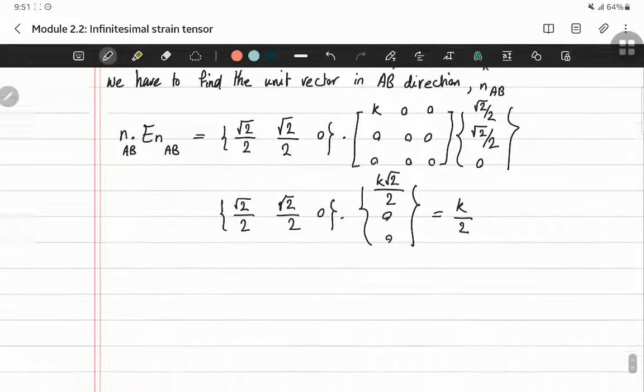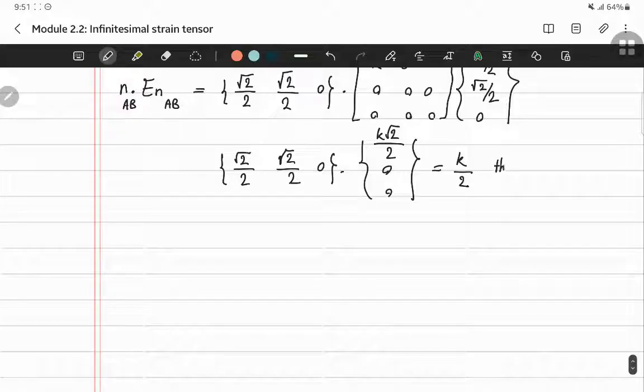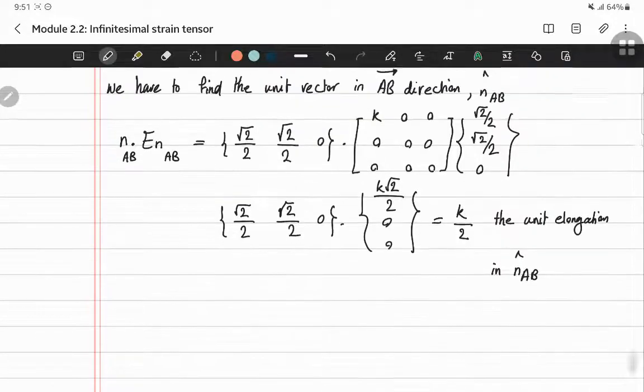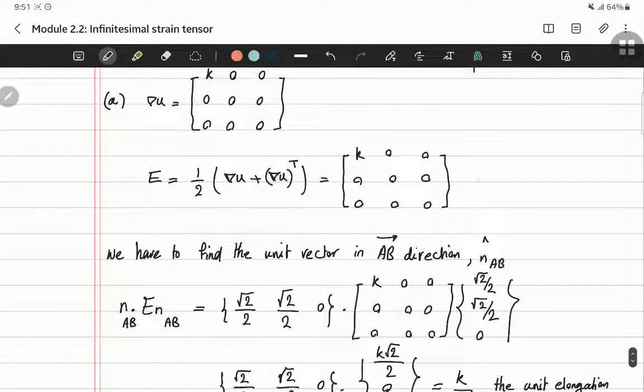So this value, k half, is basically the unit elongation in the N_AB direction, right? This k was the unit elongation in the x1 direction.